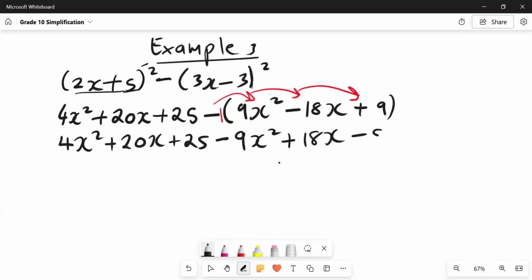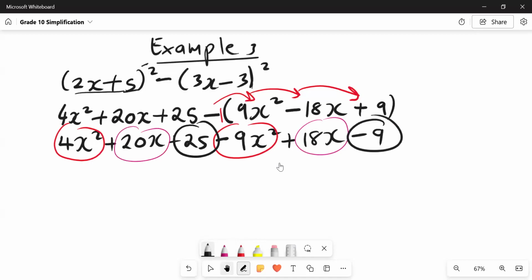Are we still together? And then from here, try and collect the like terms. My favorite step is to collect the like terms because I know very well that now I'm approaching the final step.